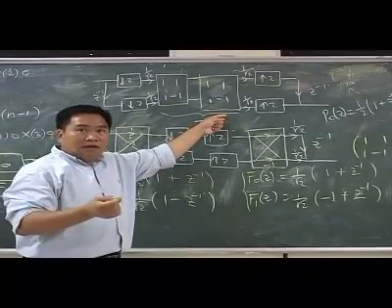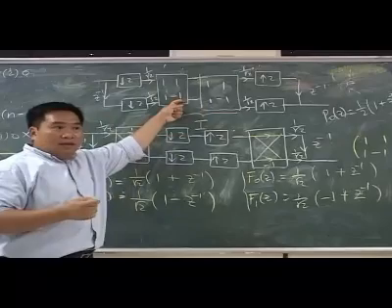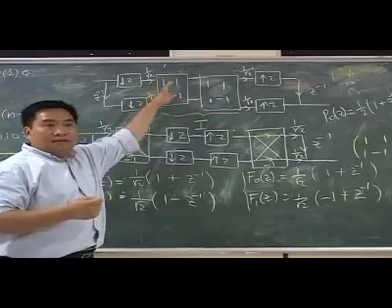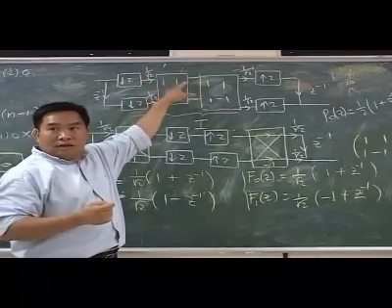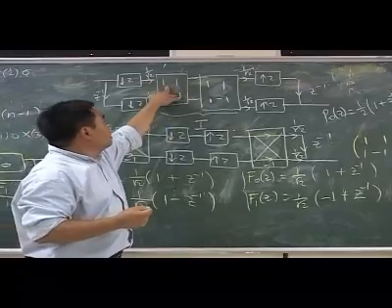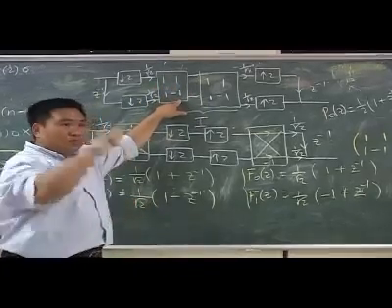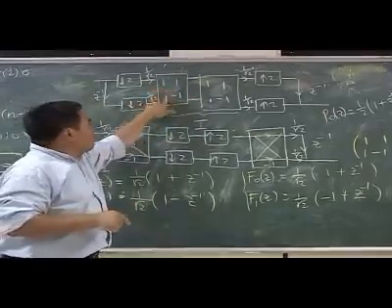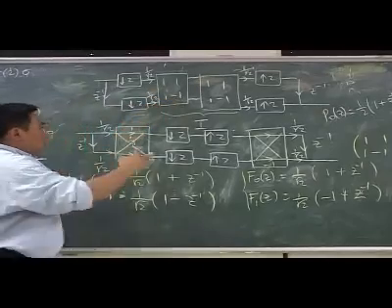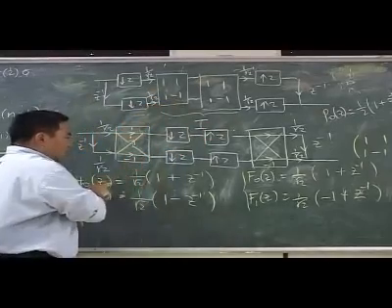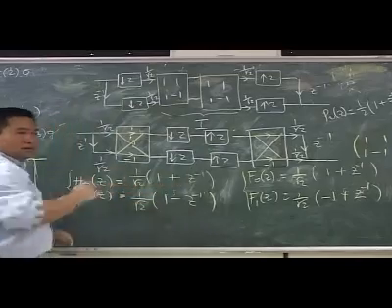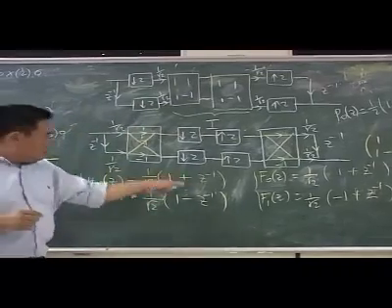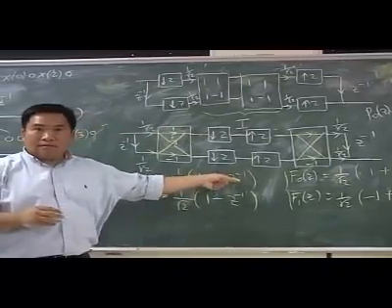In particular, if I choose this block to be a 2-point DFT, you can see this as a 2-point DFT, okay? There is 1, 1, 1 minus 1. It's a 2-point FFT, right? Like this. And moving this to the other side, I can show that the corresponding filter will also be a hard wavelet.